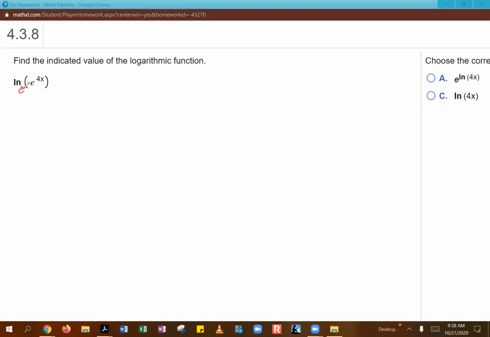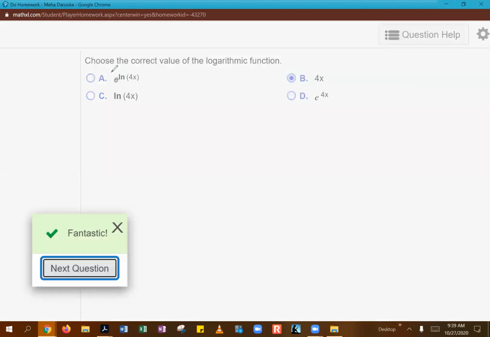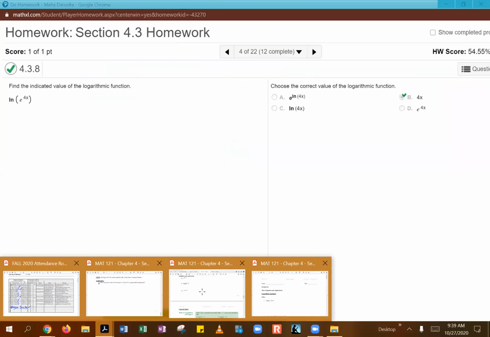So again, you can think about how this natural log is canceling out this base e. So you end up getting just that exponent, 4x, as your answer. So when you are choosing the option over here, you're looking at that 4x as the answer. Remember, these are coming from your inverse rule examples.